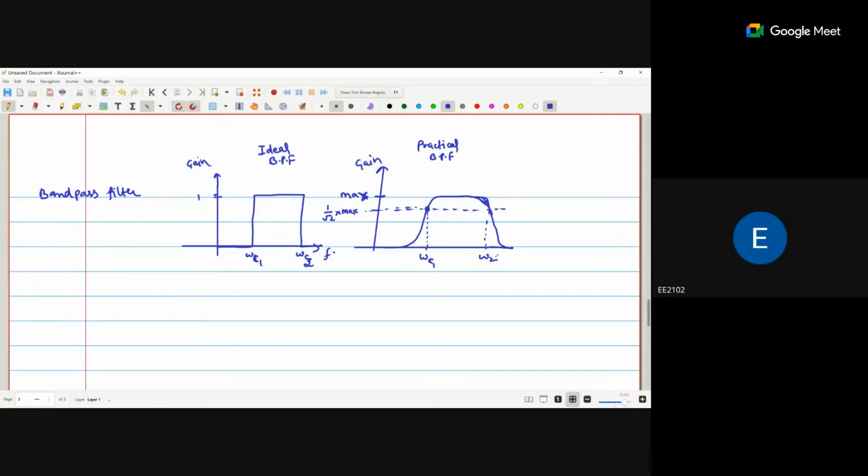Between these two frequencies is called the pass band, and this one and this one are the stop bands.